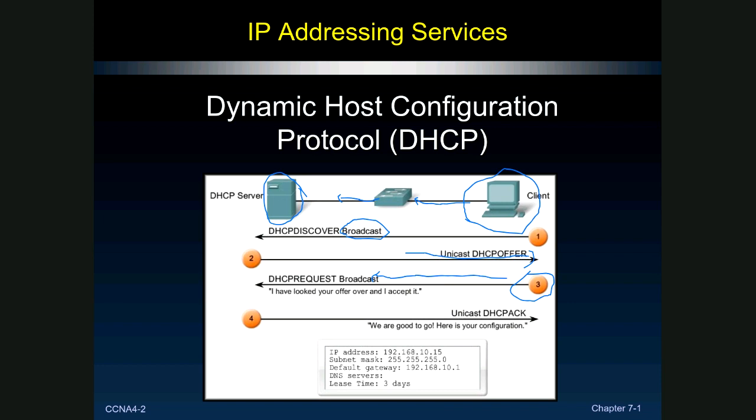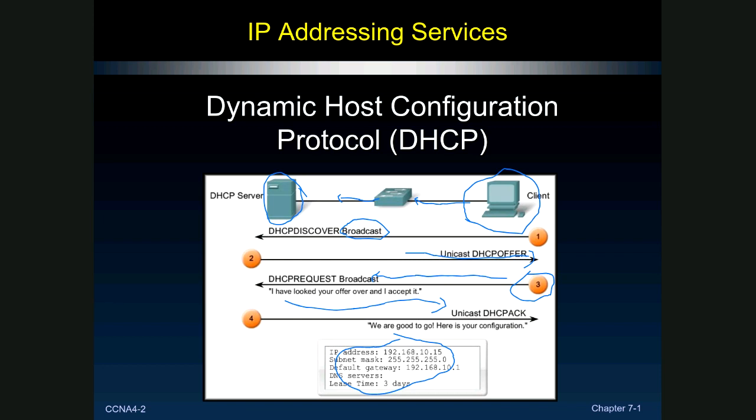So the last act of the DHCP server is to send back this unicast acknowledge. So discover, offer, request, acknowledge, D-O-R-A, DORA. DORA the Explorer is the mnemonic we use to remember this for the CCNA test. And so at that point, the PC workstation is properly configured with a proper IP address that will fit on the network, the proper subnet mask.